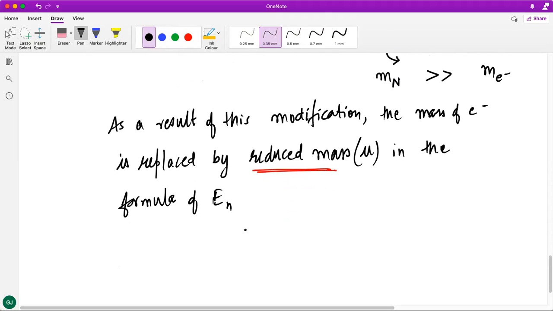What is this reduced mass? Notice, 1 upon reduced mass is the harmonic mean: 1 upon mass of nucleus plus 1 upon mass of electron. It gets replaced by this. Don't go into the derivation behind it.